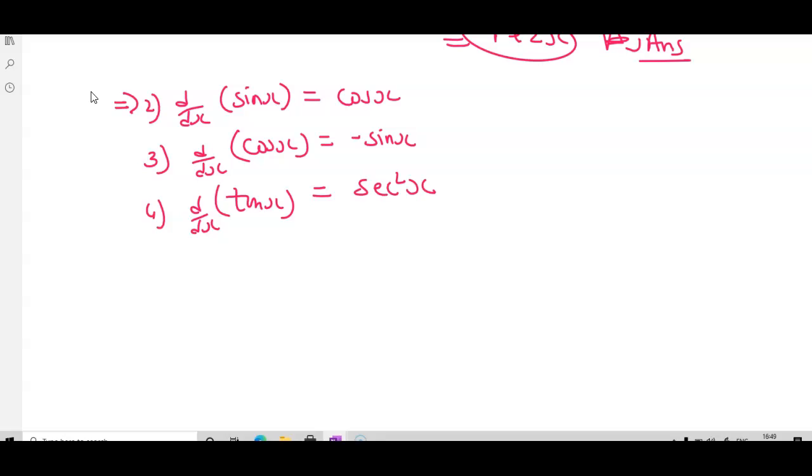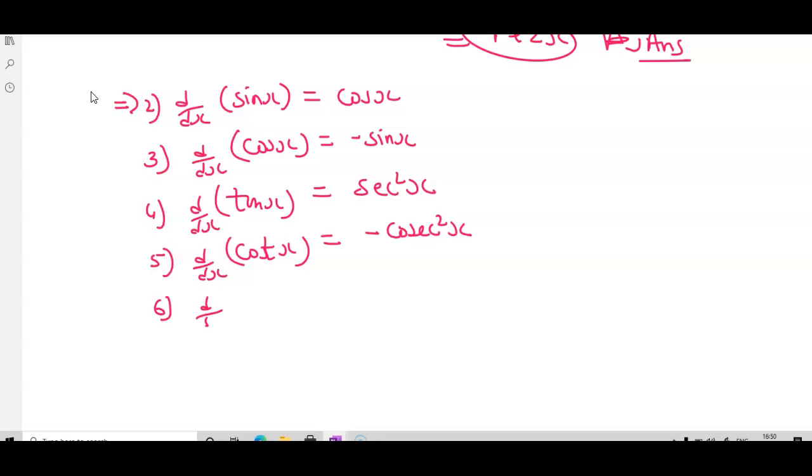Derivative of tan x is going to be sec square x. D by dx, that is derivative of cot x, is going to be minus cosec square x.